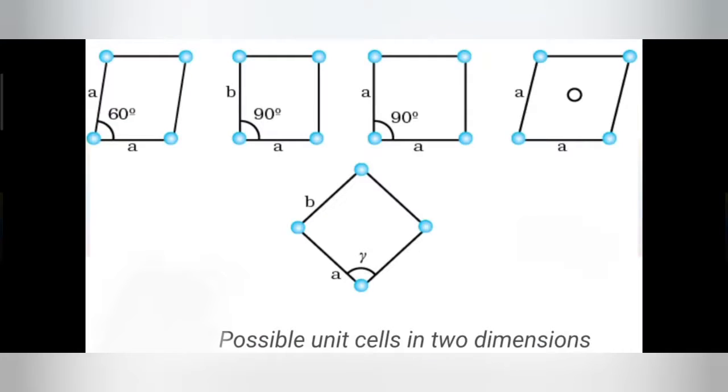Now a two-dimensional parallelogram with sides of length a and b and angle gamma between these sides is chosen as a unit cell.